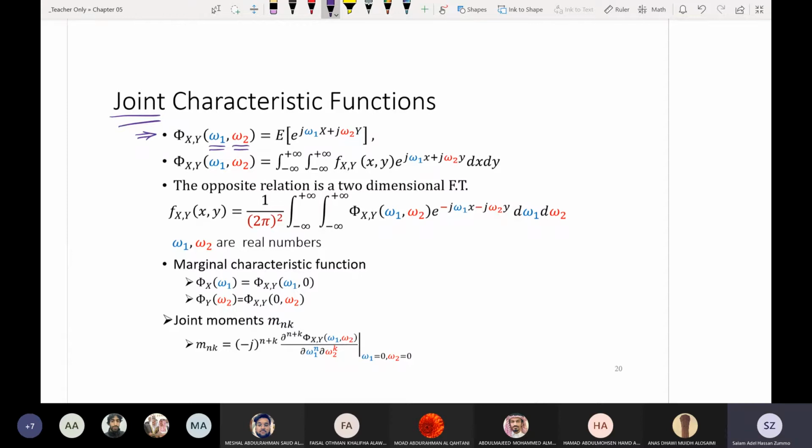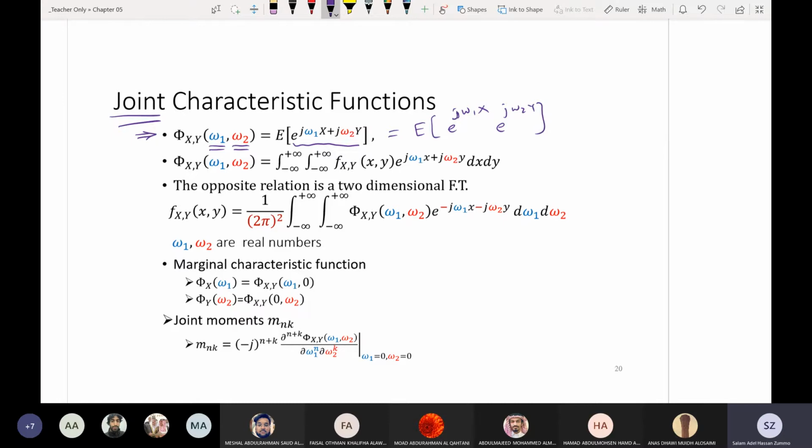Which is the expected value of, by definition, two exponentials, e to j omega 1 x plus j omega 2 y. Okay? Or you can write it as the expected value of e to j omega 1 x, e to j omega 2 y. Either this or that, the same.